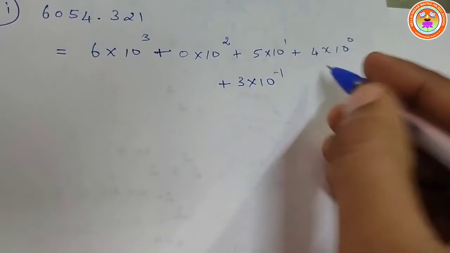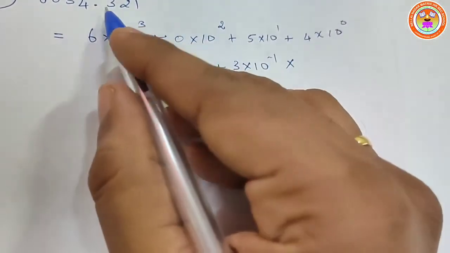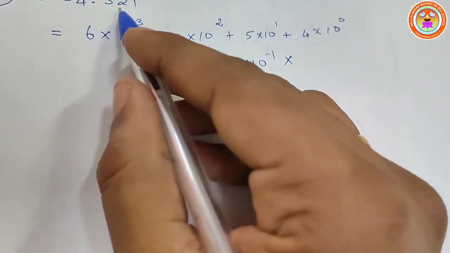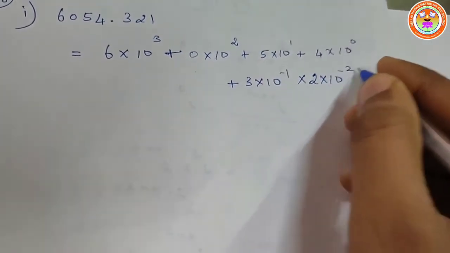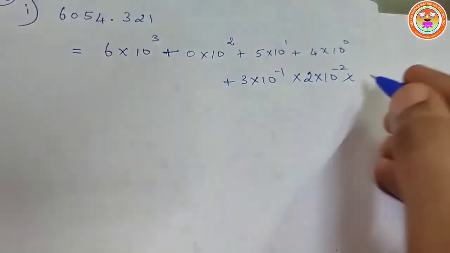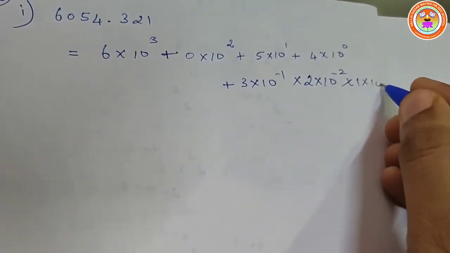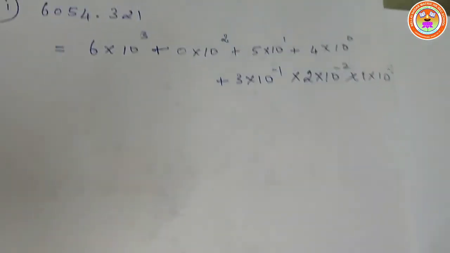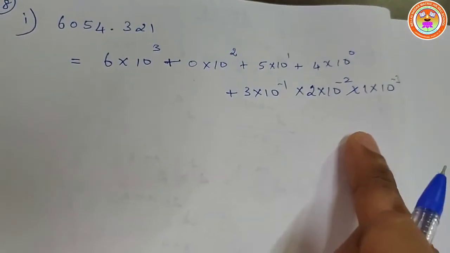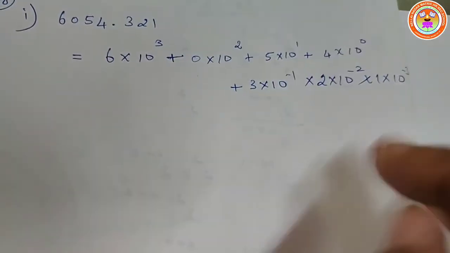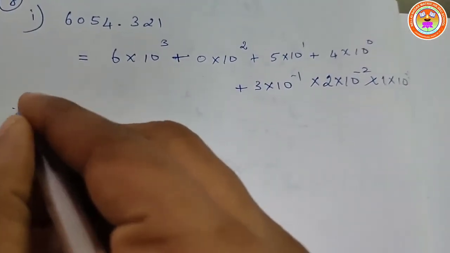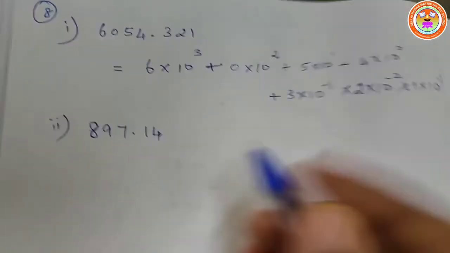Next, this is the 100th place, so 2 into 10 power minus 2. And the 1000th place, 1 into 10 power minus 3. So this is the expansion of 6054.321. Copy down, children. We will move on to the second subdivision.